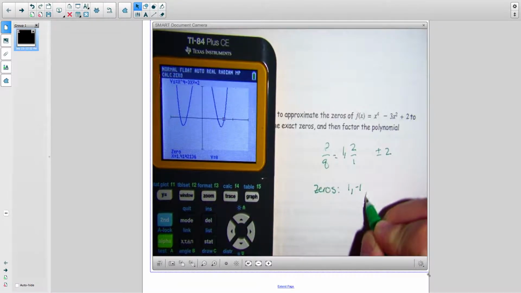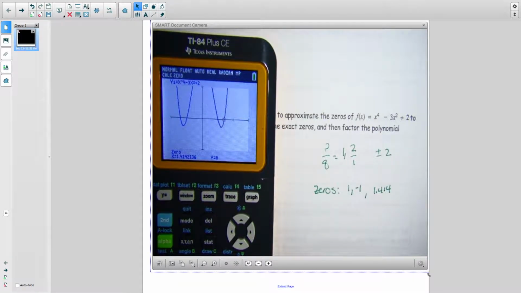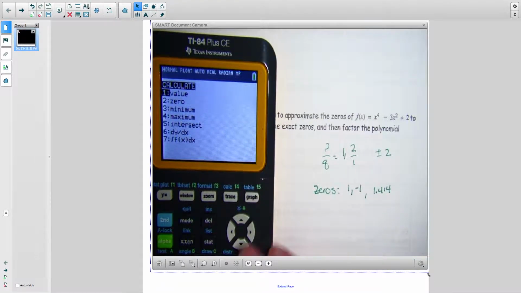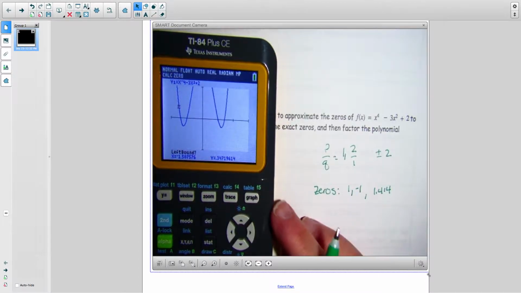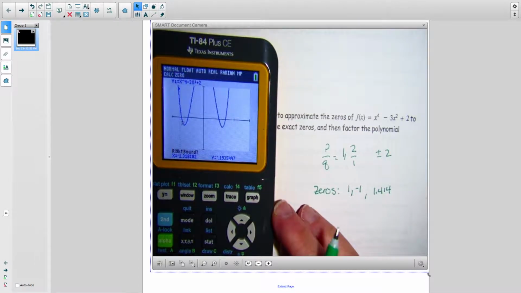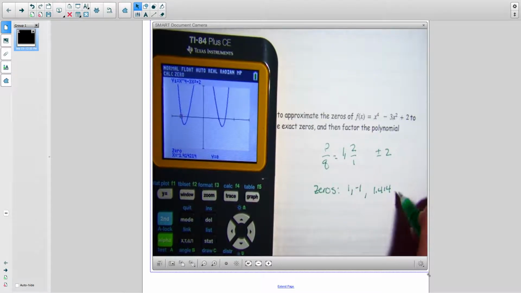So we get a zero of 1.414. Left bound, right bound, and negative 1.414.